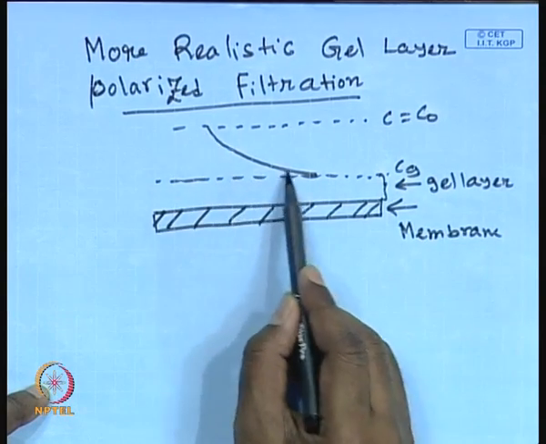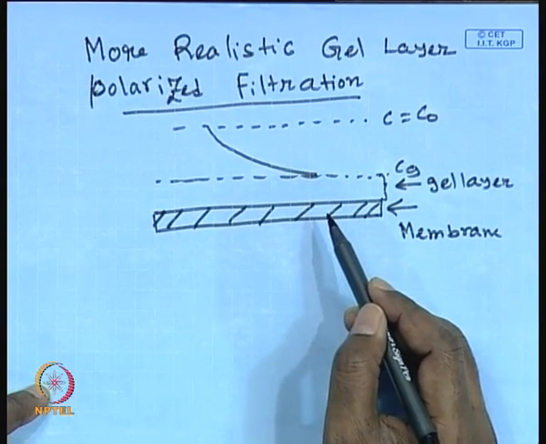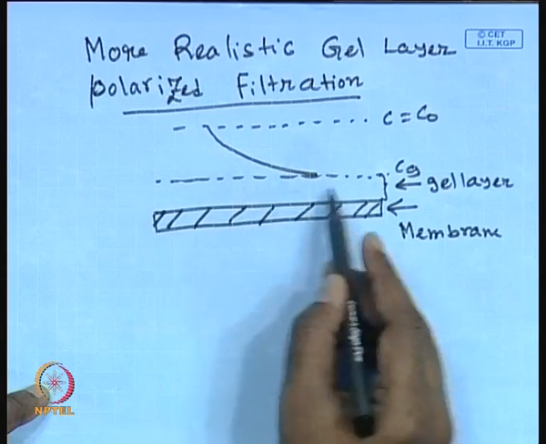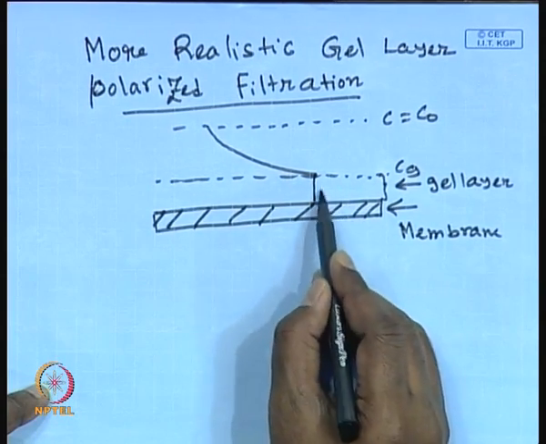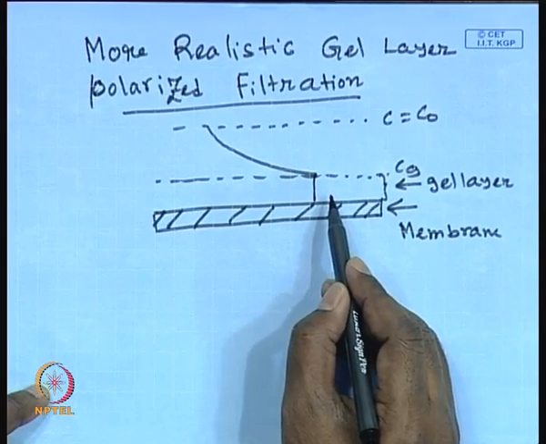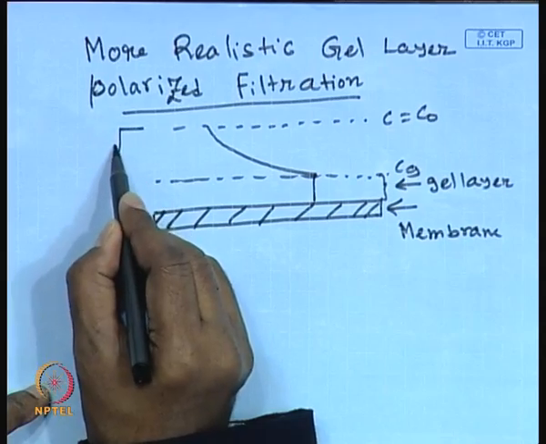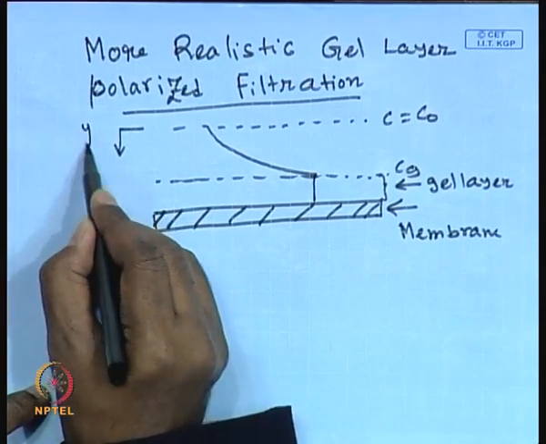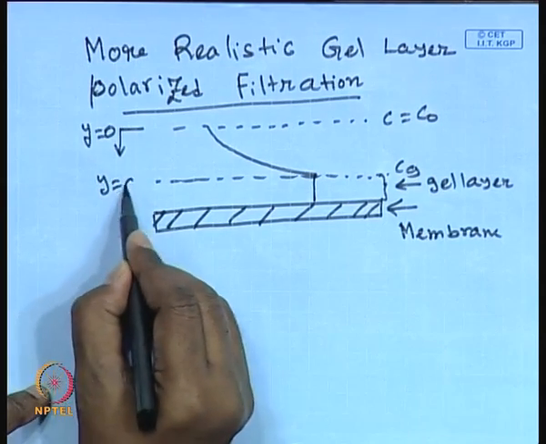And because of this steep concentration gradient, there will be existence of a concentration boundary layer, and over this the gel layer concentration is the same. The concentration in this gel layer is always the same at Cg. So therefore, we can start our coordinate system from the middle. Let us say when it is bulk, y is equal to 0, and y is equal to delta here.